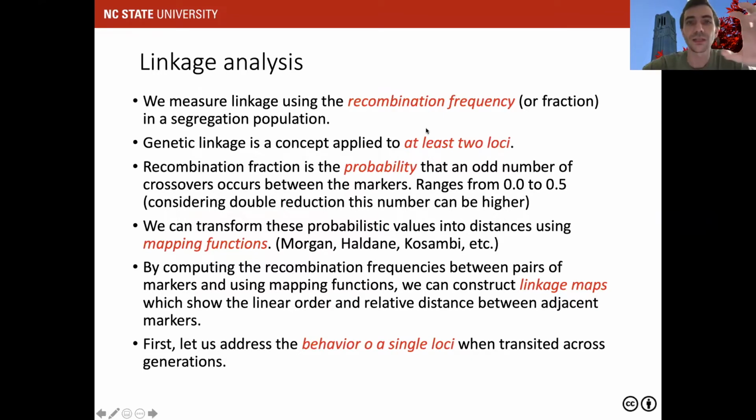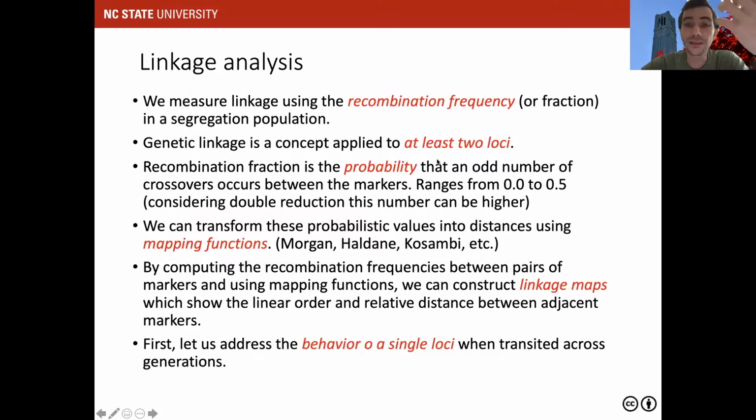This concept can be applied to families, but here we will stick to biparental populations. Genetic linkage is a concept applied to at least 2 loci, so you need 2 positions in the genome to see how they are linked.